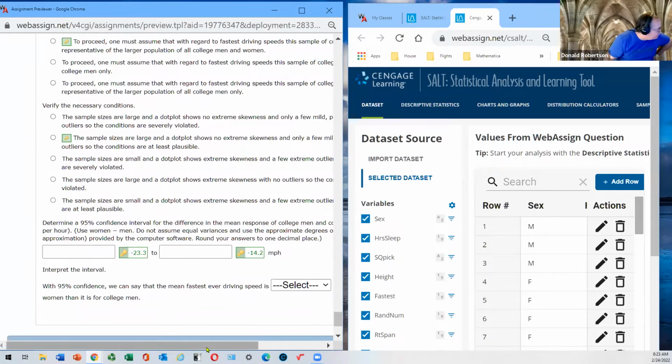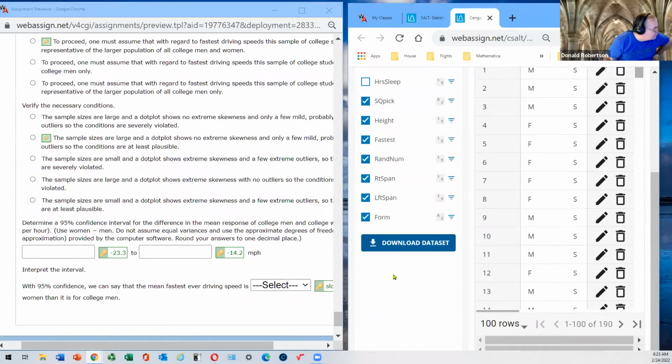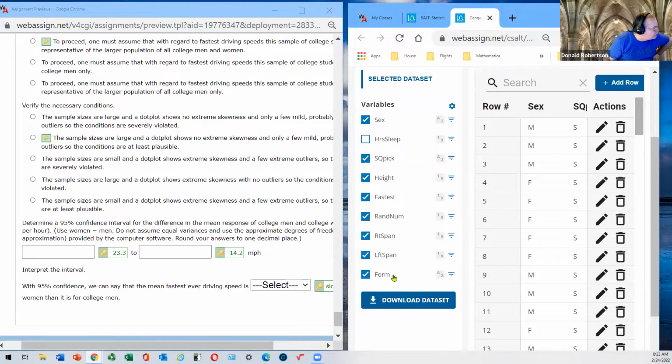So the difference we're looking for is the difference between men and women, going first. Okay, so we want 6 and fastest speed. So I'm just going through here and taking the two variables, there's 6 and the fastest speed.